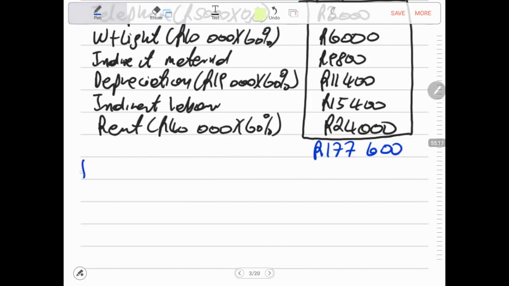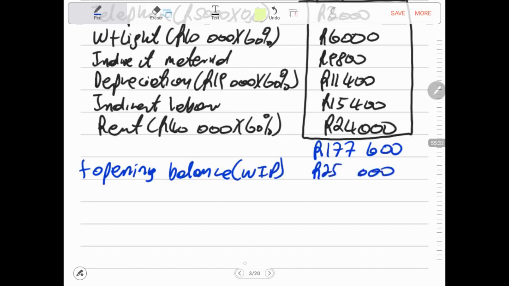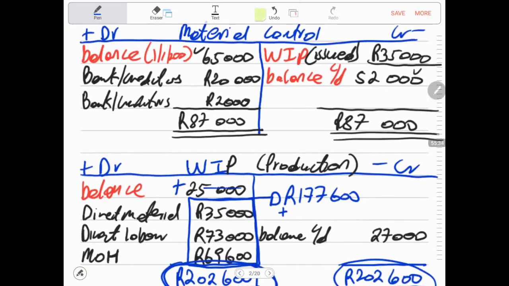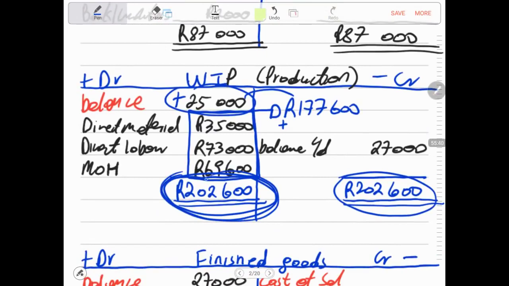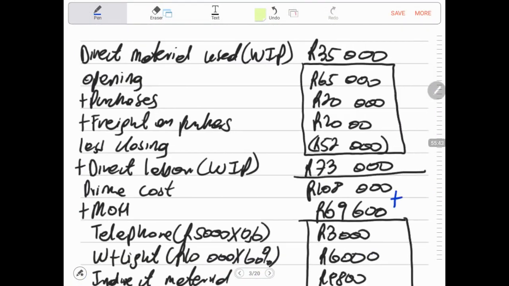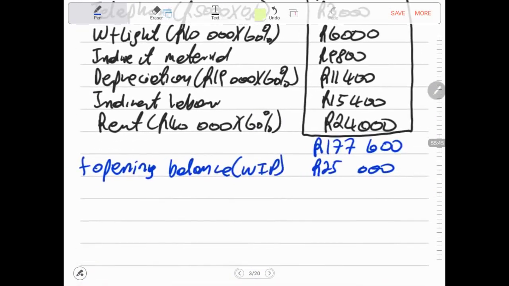So now we know that we need to add our opening balance. This is the opening balance of work in process. If you remember, the 25,000 needs to be added. Which 25,000? The 25,000 opening balance of work in process. Add that to 177,600. That will give us the 202,600 value of work in process.